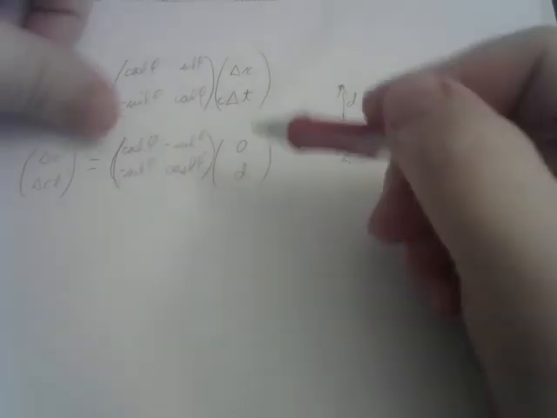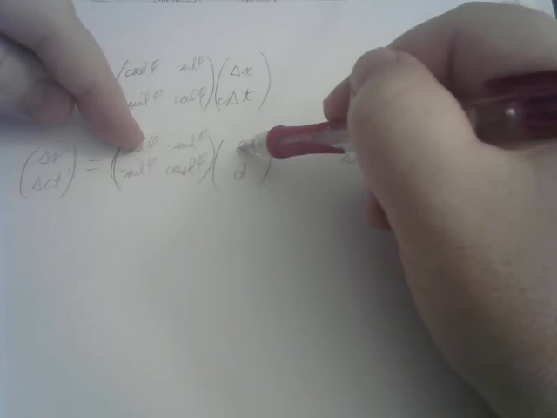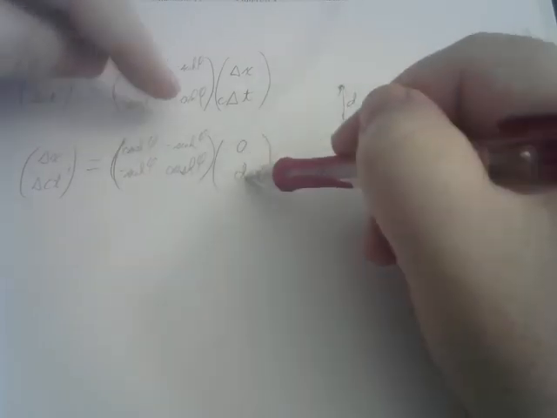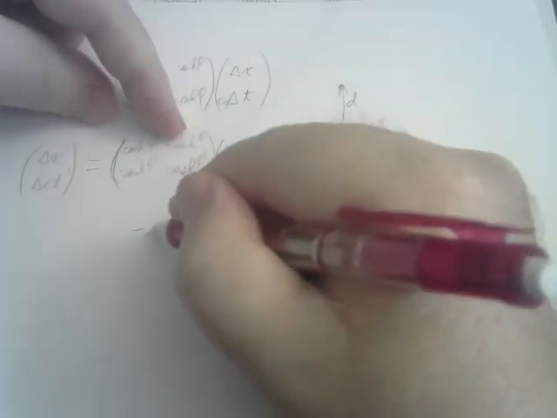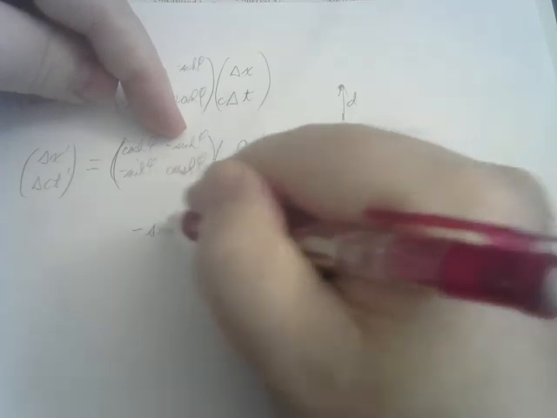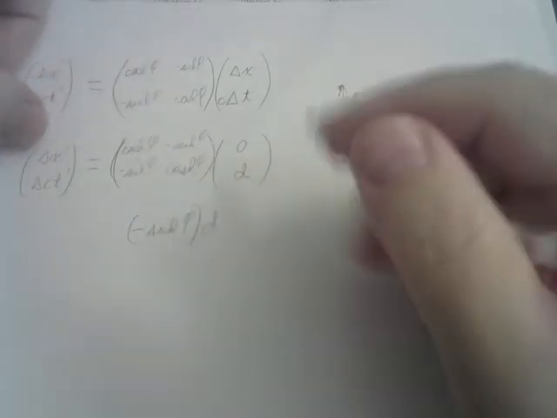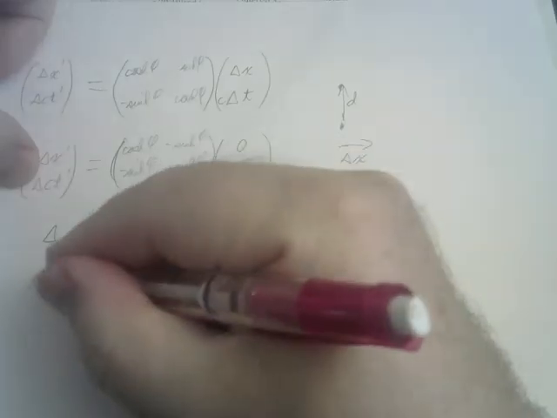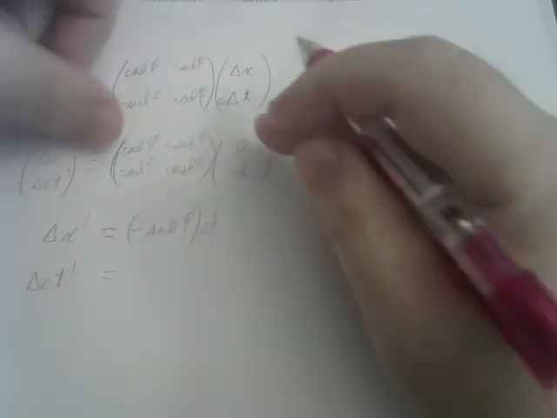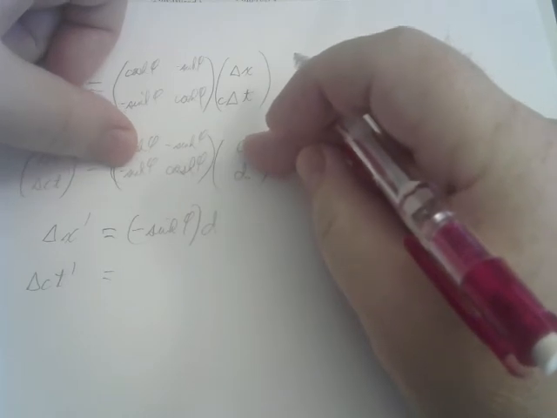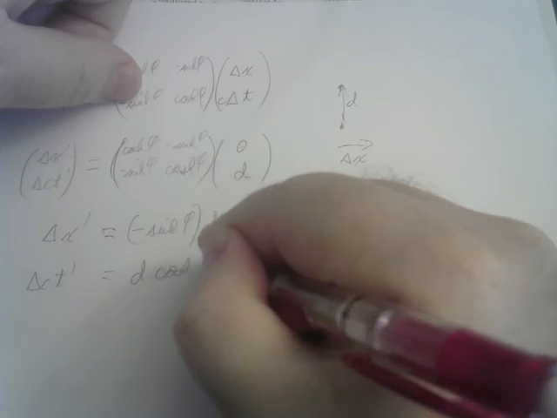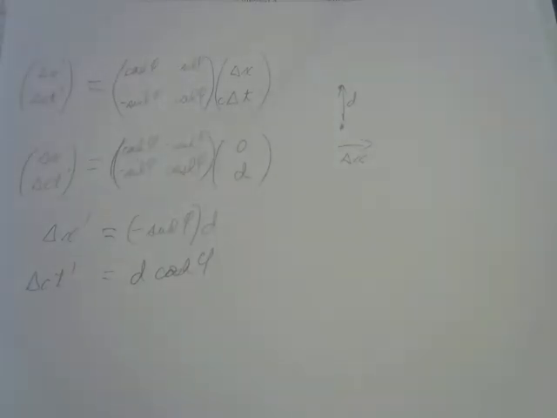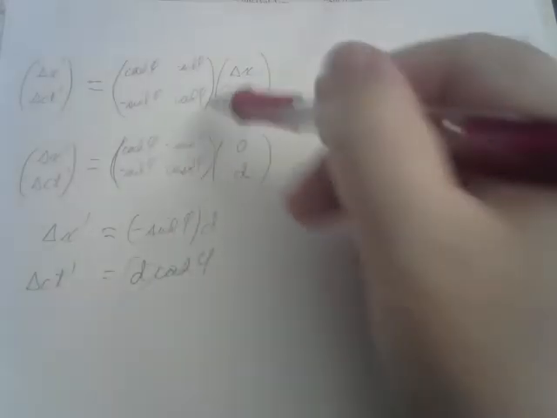Now the way matrix multiplication works is I multiply 0 times cosh phi minus sinh phi times d. So we're going to have a minus sinh phi times d, and that's going to be delta x prime. And then for delta ct prime, we're going to have 0 times negative sinh phi plus d times cosh phi. That d was c delta t, so let's just focus in on this part of the problem.